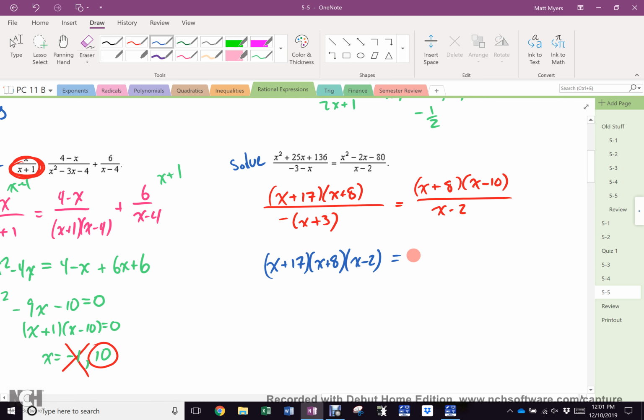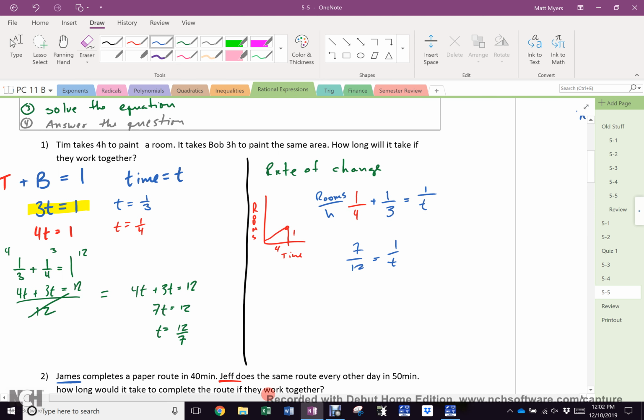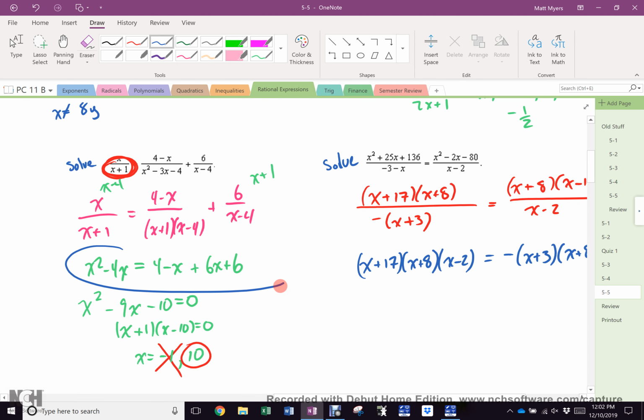Equals negative x plus 3, x plus 8, x minus 10. Agreed? Okay. Now, in this unit, I have stuff on both sides of an equal sign. Doesn't matter what it looks like. What do I do every time I have stuff on both sides of an equal sign? I gather it all to one side, right?